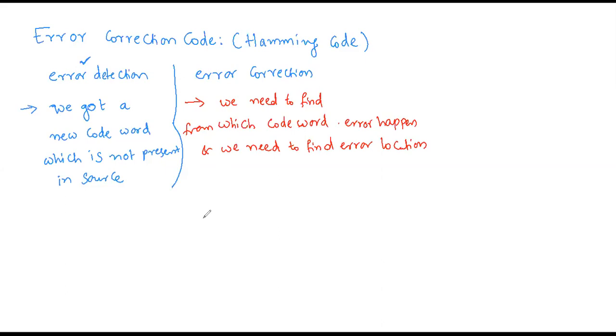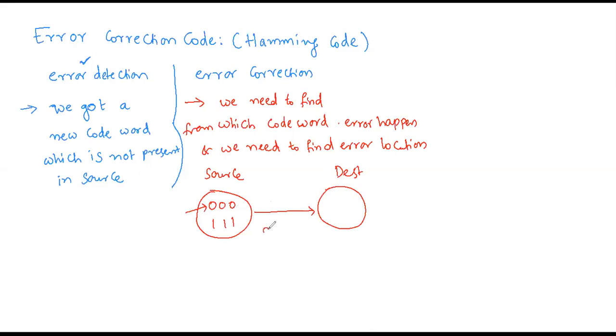For example, take the source 000 and 111. These are the two code words. Okay, you are transmitting. When you are transmitting, in one code word we got the error, in the 000 we got the error, so a 0 is changed to 1. So 001 happened.